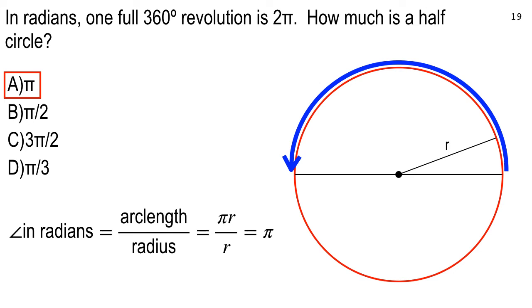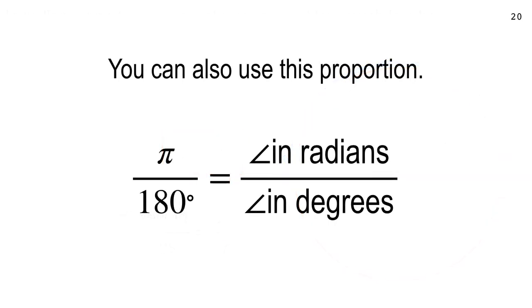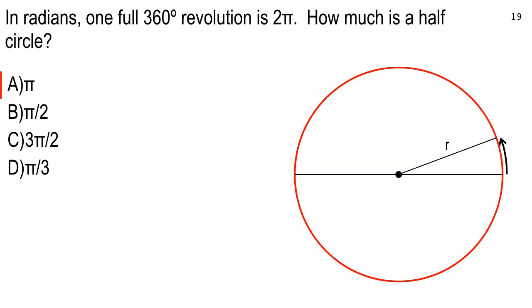And then divide by the radius, that's equal to pi. So here's half a revolution, not 2 pi r, but just pi r.